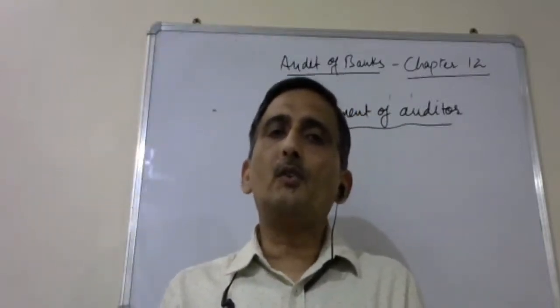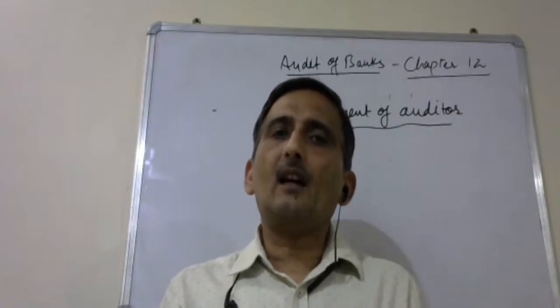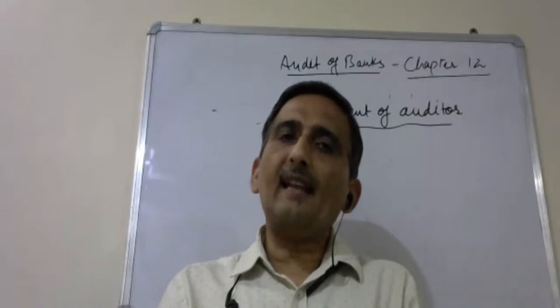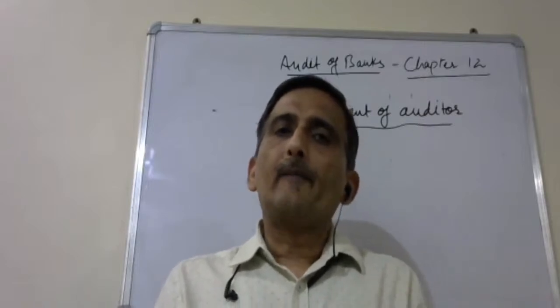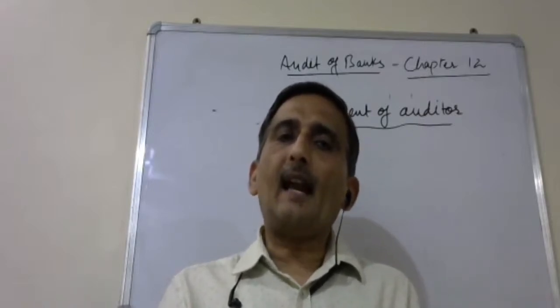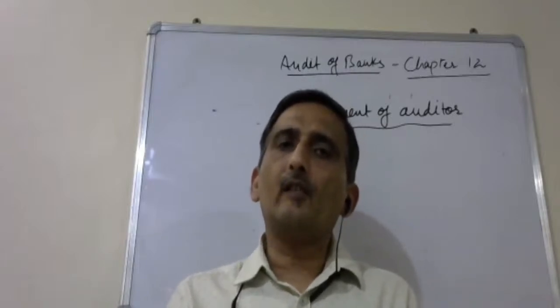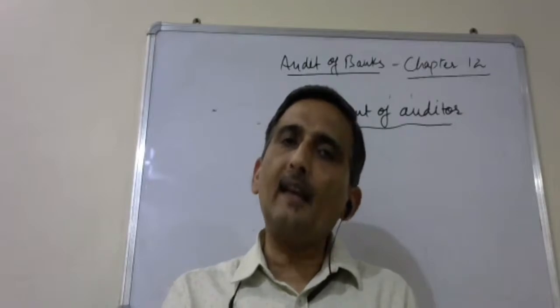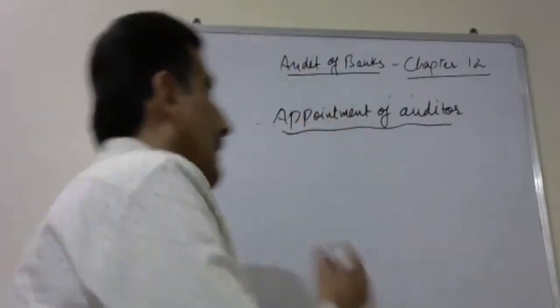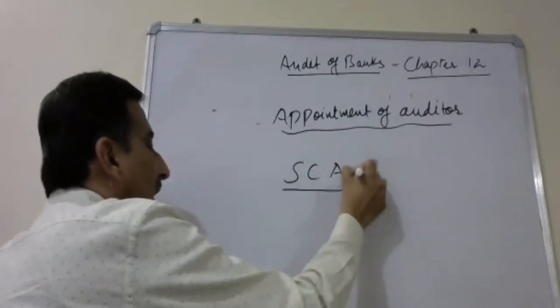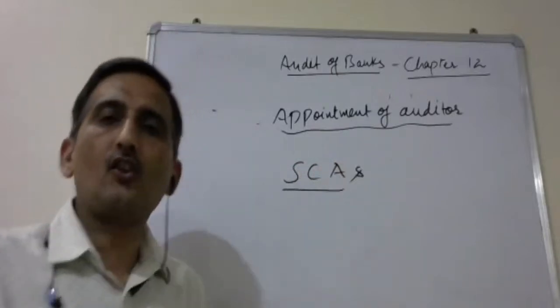Students, you have to understand that in case of nationalized banks, there are auditors at the central office level, at the head office level, who are known as statutory central auditors, SCAs in short.